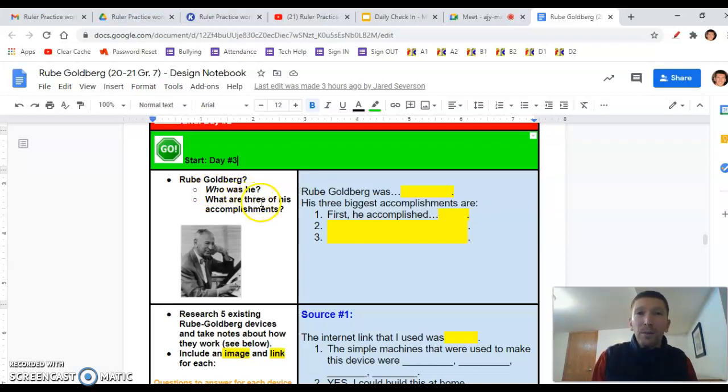So you have to look up, Google search most likely, who is Rube Goldberg? You're going to see in the yellow, this is what you have to fill out about who he was. And then you also have to look up what you would consider to be his biggest accomplishments. Type in the highlighted portions here to fill that out about Rube Goldberg.